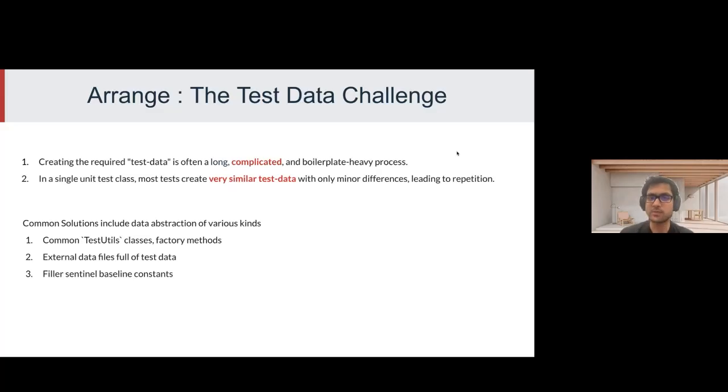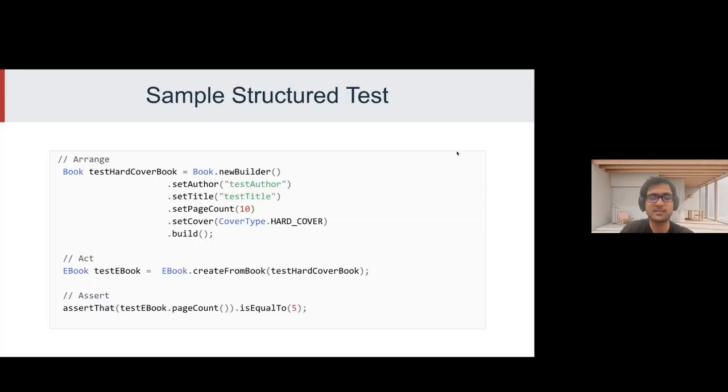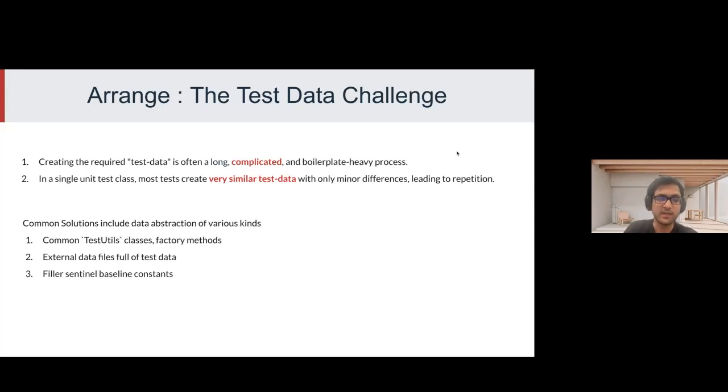Every object has to be created by hand, and many times some of these data structures will have many required fields. For example, in our example, book has an author and title requirement. So even though they are not relevant to our act and assert section, we still have to populate them because the author and title are required. So the arrange section can often get very boilerplate heavy.